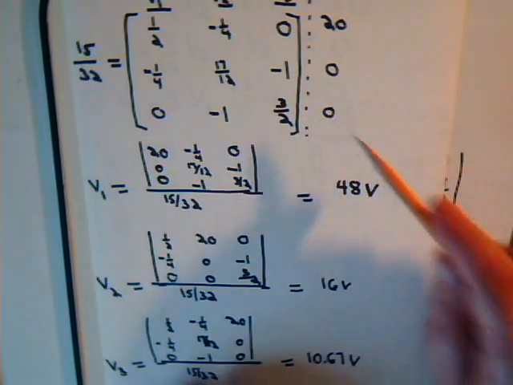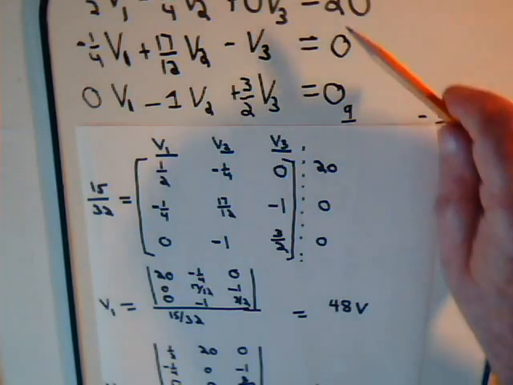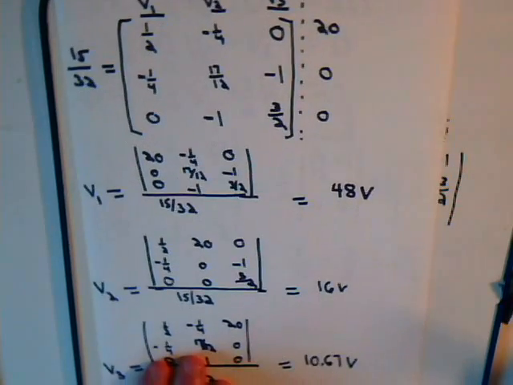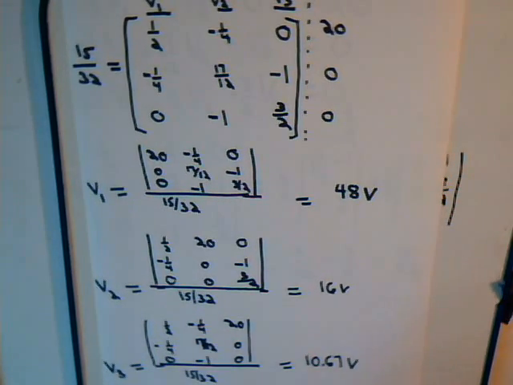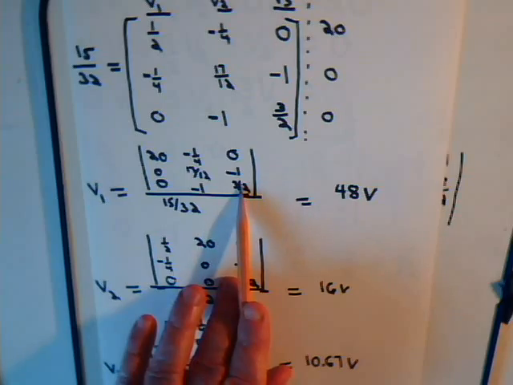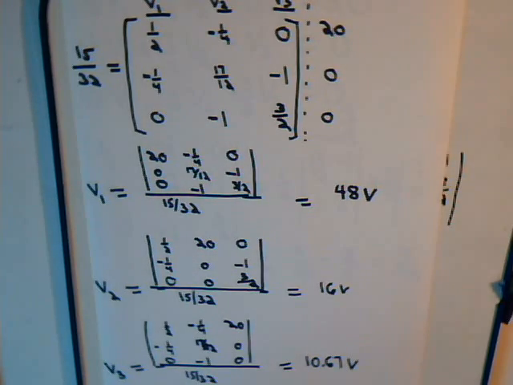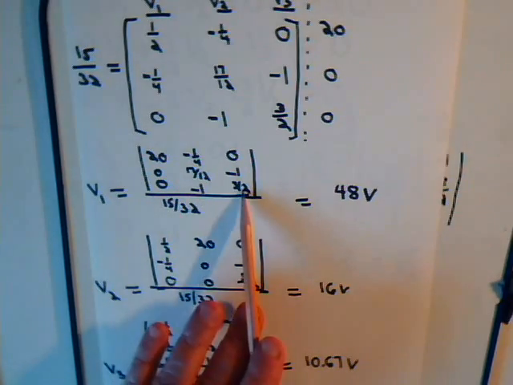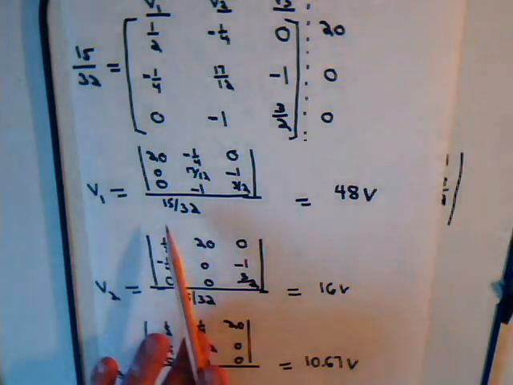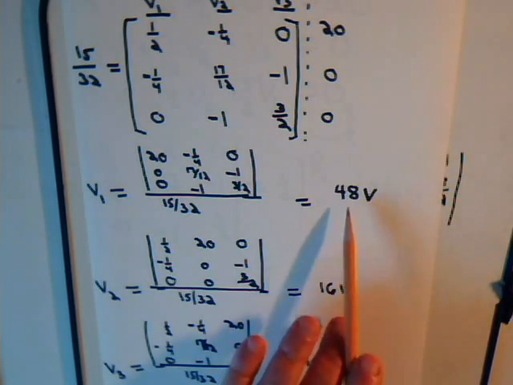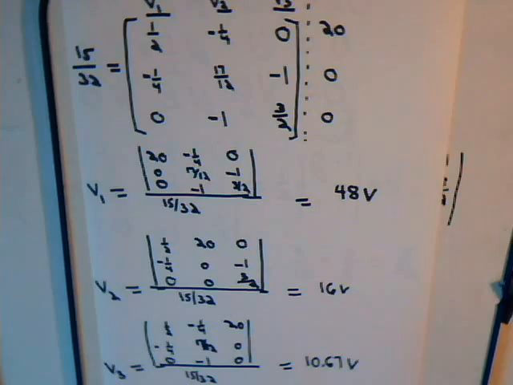Remember, this column of numbers is simply what the equations were equal to: 20, 0, 0. So replace the V1 column with this column, and that gives us this 3 by 3 determinant, and the value of V1 is the value of that determinant divided by 15 over 32, and that comes out to be equal to 48 volts.